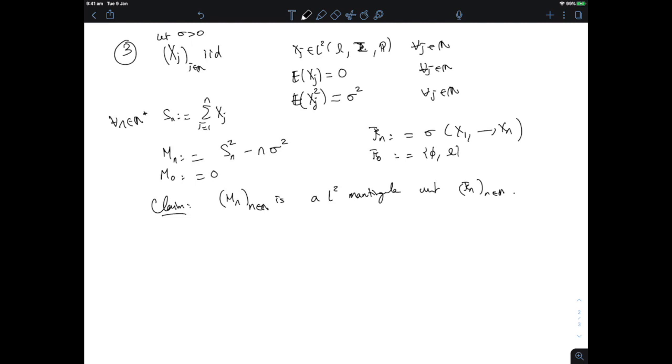Okay, so same thing as before. Do we have an adapted process, and do we have the process in L2? And yes, that's true.